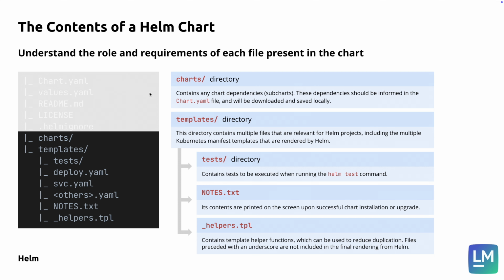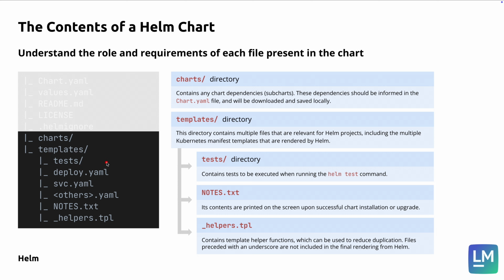Alright, there was a lot of information here regarding the role of each individual file in our Helm charts. We're going to once again slowly progress through that, not only in this section, but also in the upcoming sections. When we talk about chart dependencies, we're going to have a closer look at the charts directory. Or when we talk about Helm tests, we're going to have a closer look at the tests directory.